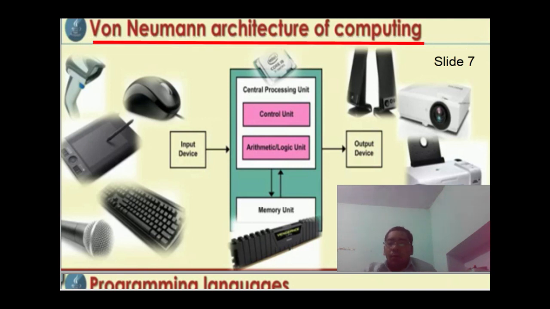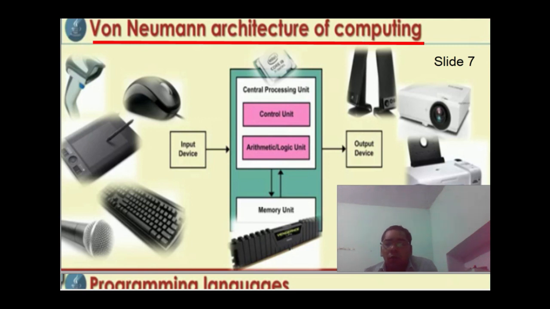In any programming environment, the concept is that it basically takes an input and then produces an output. In order to do this, it uses an architecture, and that architecture is popularly known as the von Neumann architecture of computing.